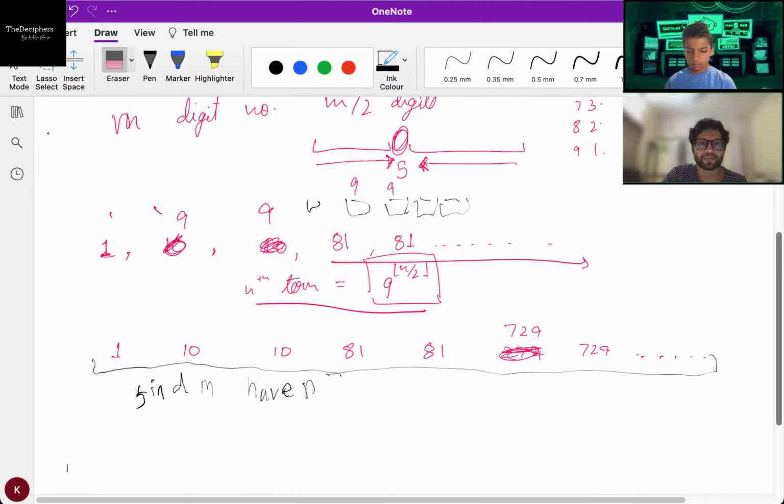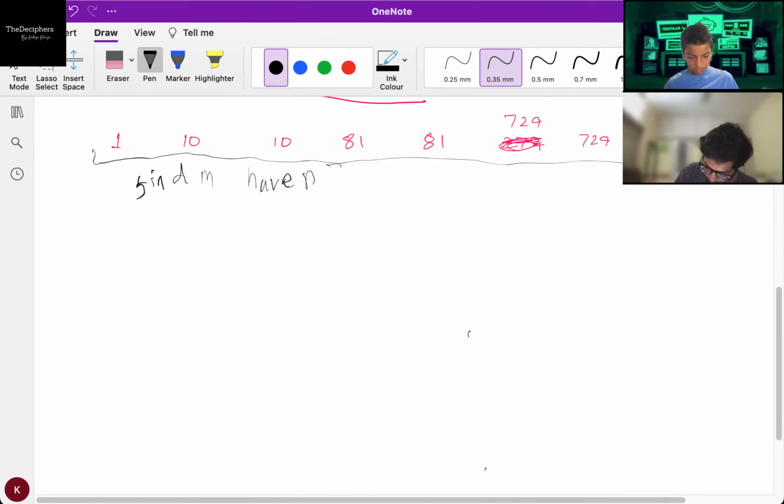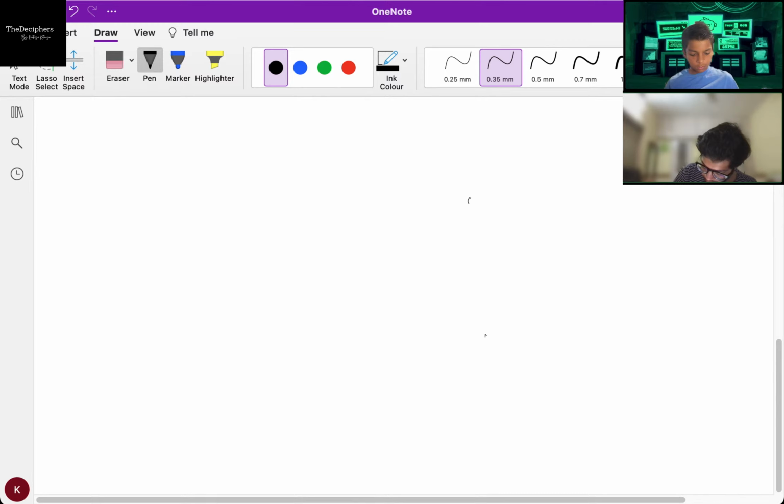What are we doing exactly, Vartika? We're finding the nth upside down number. Yeah. So not only the nth upside down number. Now find nth upside down number of length m.